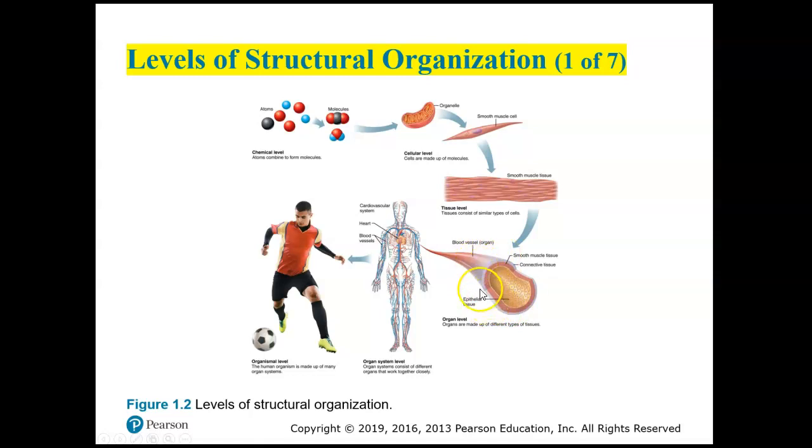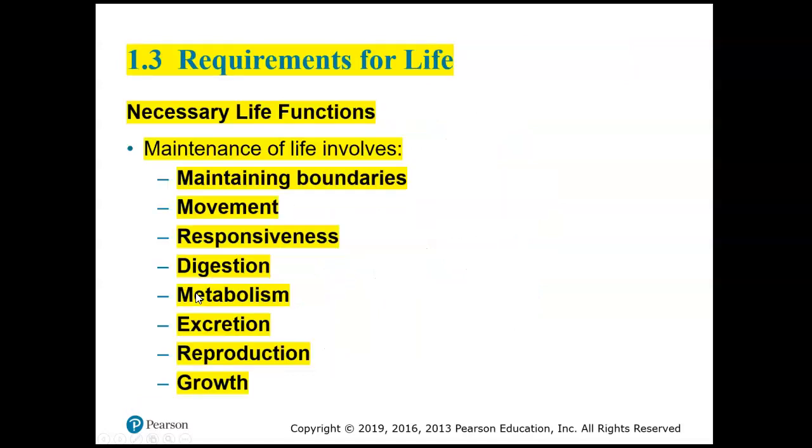So all these tissues make up the organ, the blood vessel. The blood vessel is part of the cardiovascular system. So is the heart. That would be another organ of the cardiovascular system. And all of the organ systems combine to make up the organism, which is this young man here in this picture kicking the soccer ball.